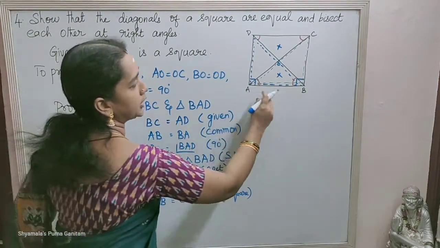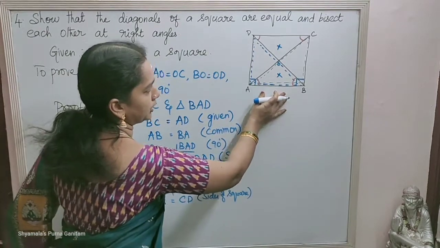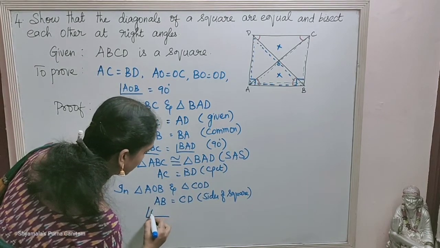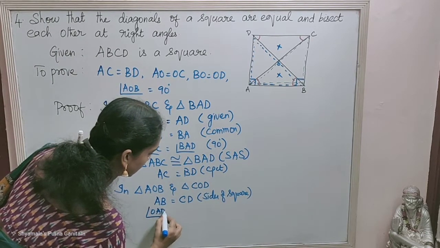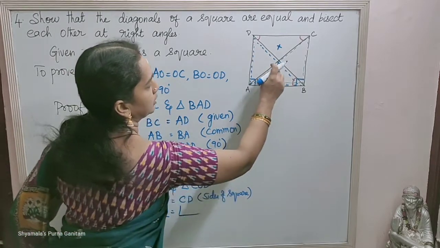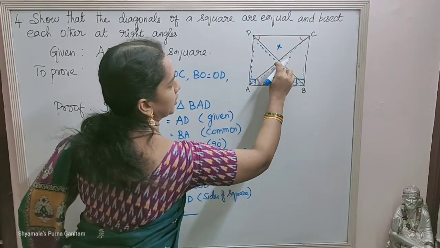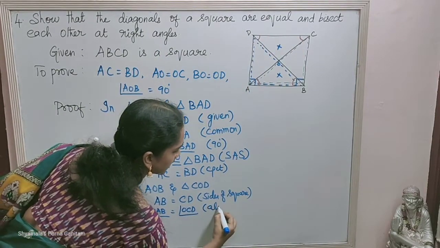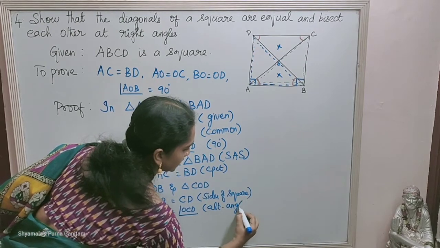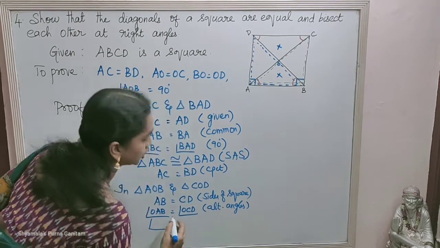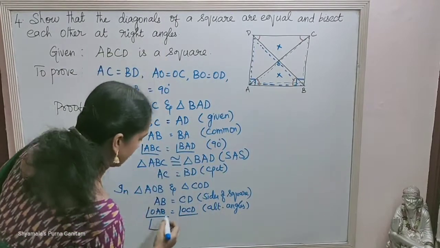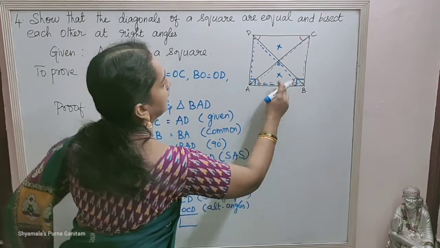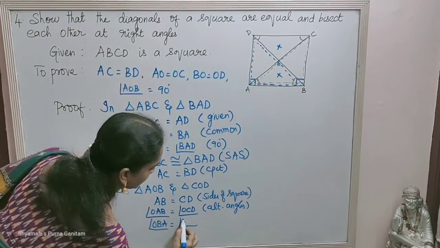So AB is equal to CD, which we have proved. Then the alternate angles: angle OAB is equal to angle OCD. This one is alternate angles. In the same way, the other set of alternate angles: angle OBA is equal to angle ODC.